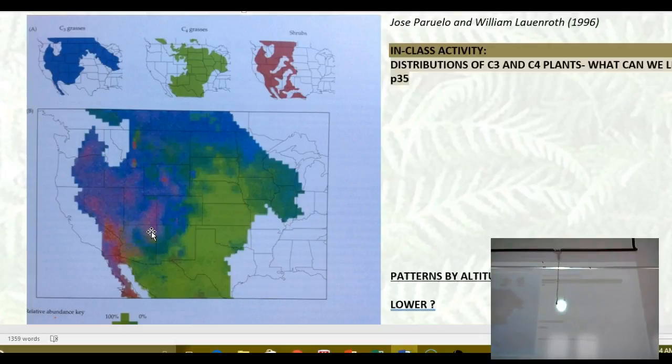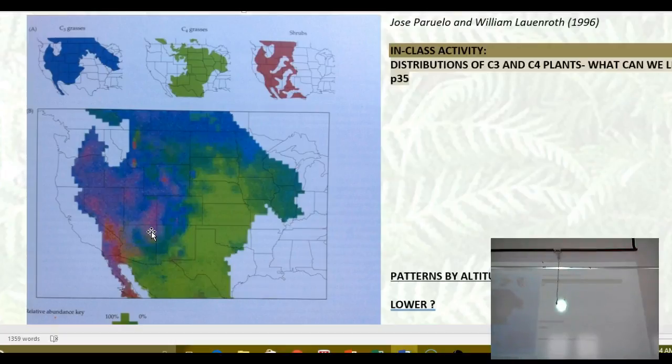Look at the holes in where shrubs are found. Tell me the story about that area. What's going on? It's all over there. Basically, no shrubs. And grasses. Not very many C4 grasses, but what do you see in that area?